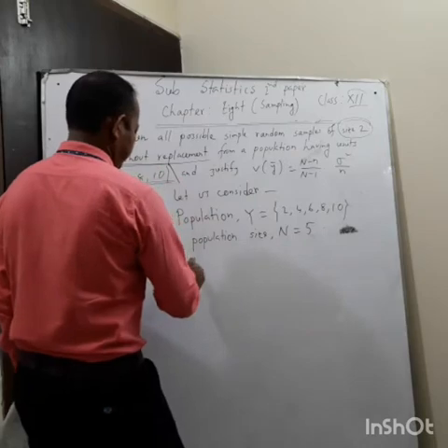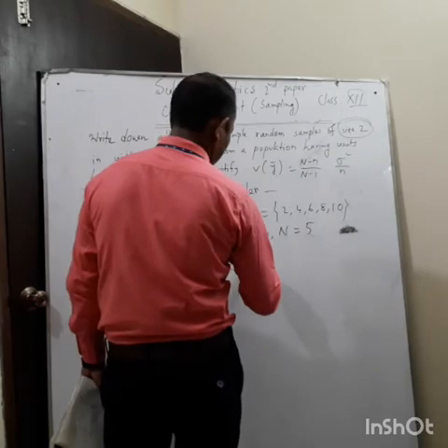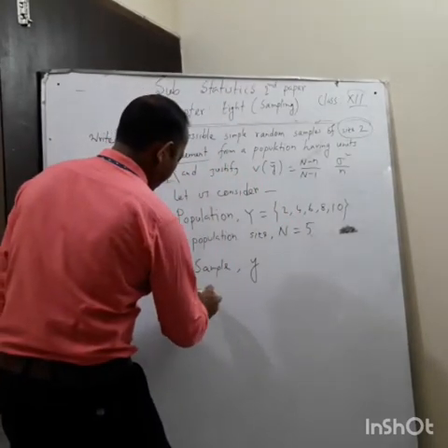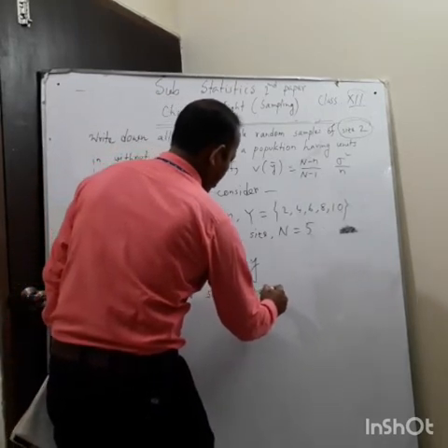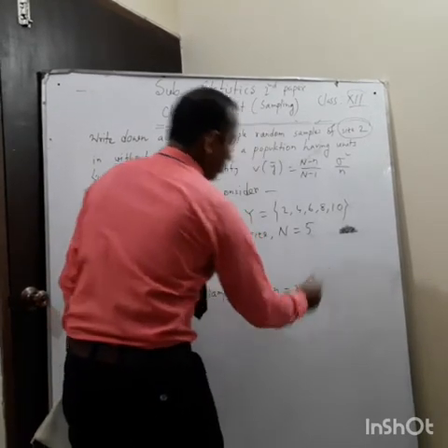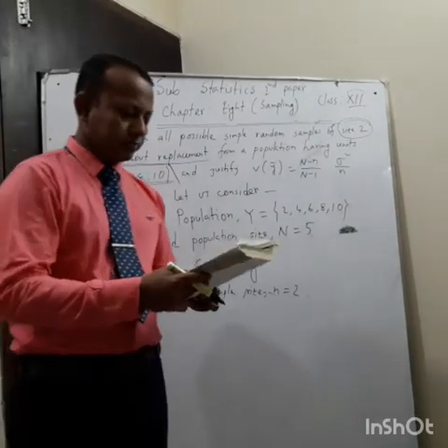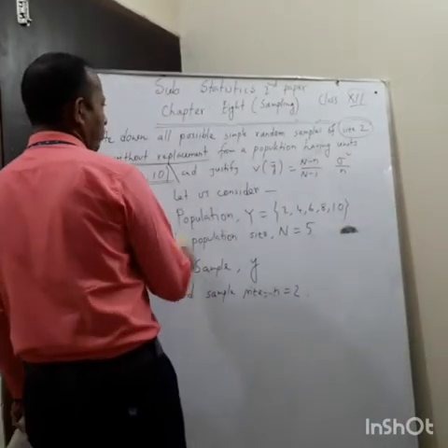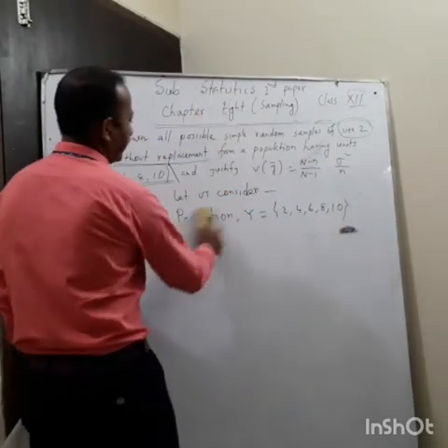Now the sample is called small y, and the sample size is small n, which is equal to 2. Now we are going to determine the sample mean and population mean. It is not necessary to determine the sample mean.